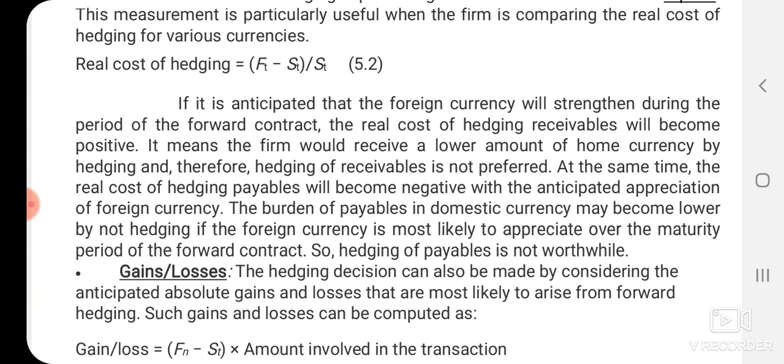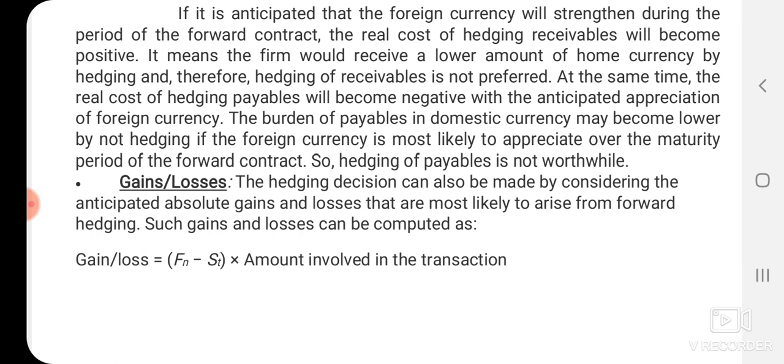In order to have no burden in such situations, we should use the hedging technique. If you follow the technique and try to minimize the risk, there will be less burden on our home currency, on our country. If we don't hedge, there will be a high burden. If the foreign currency appreciates, our home currency value will go down, and that is a big burden.